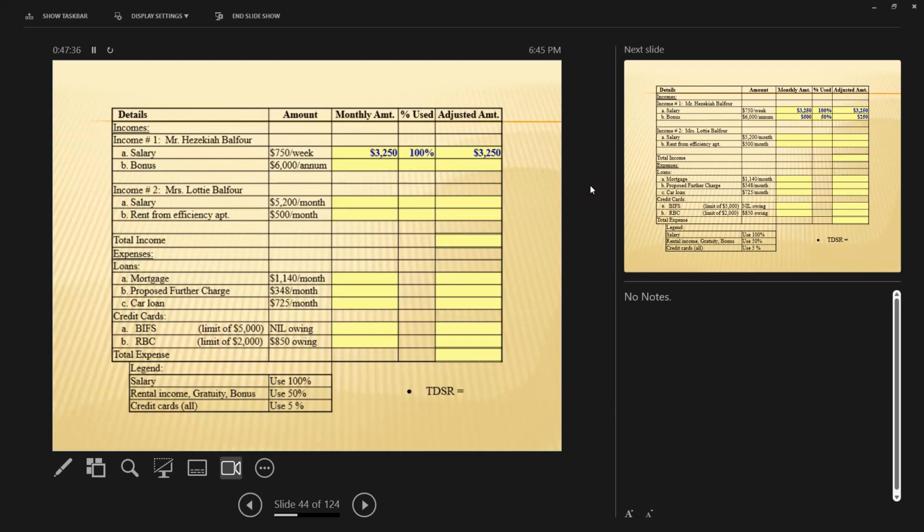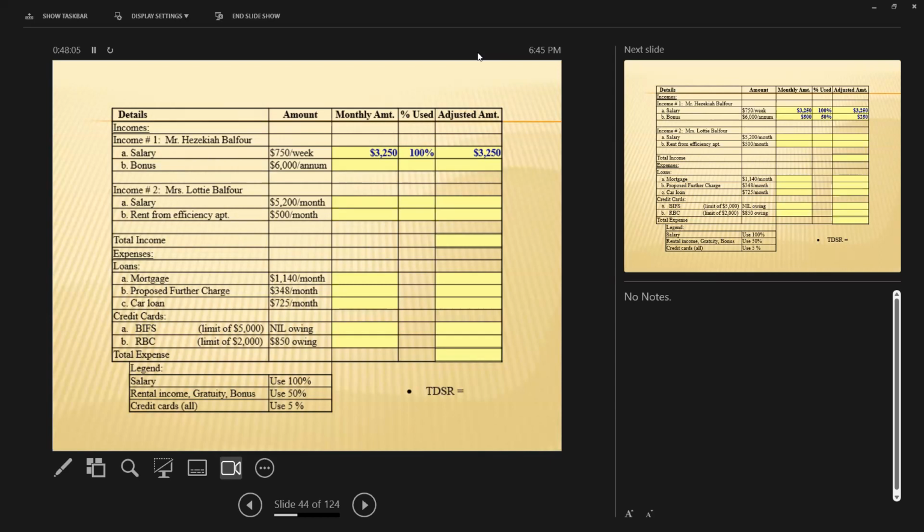And remember, the adjusted amount is the portion that we, the financial institution, assess and use in calculating the TDSR. So, bonus: Hezekiah makes a bonus of $6,000 per annum.